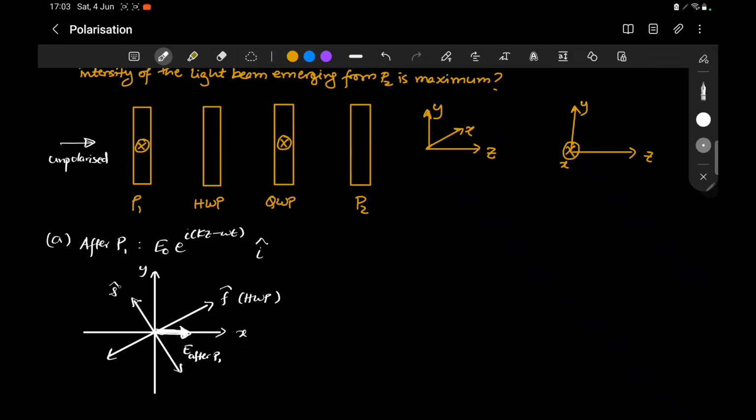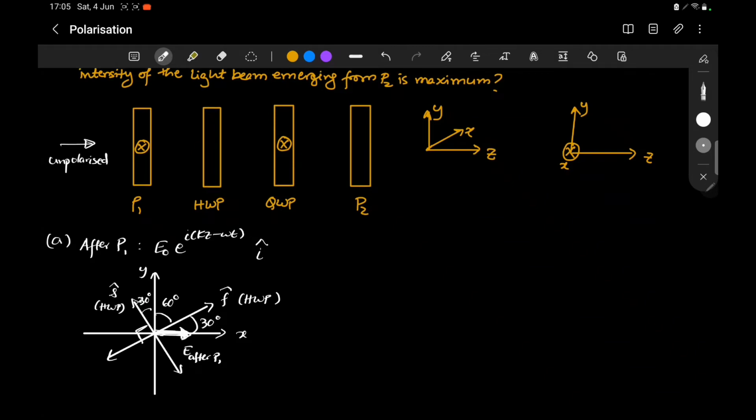This is the slow axis again for the half wave plate. This angle we are given is 30 degrees. So this angle automatically becomes 60 degrees. And this angle again, because fast and slow axes are perpendicular, this is 90 degrees. So this will become 30 degrees again. This angle is 60 degrees.